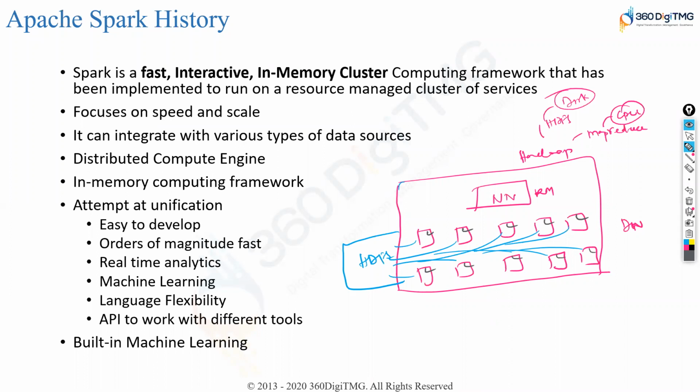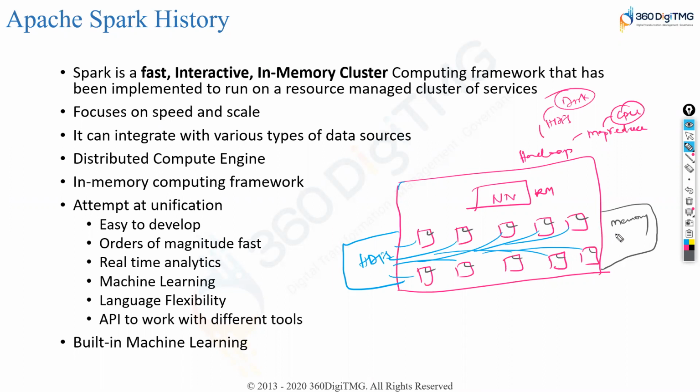Now, what we do in Spark is just like how we are creating HDFS, which is a consolidated or concatenated disk space. For Spark, we consolidate the memory. So how many devices are there? 10 devices.